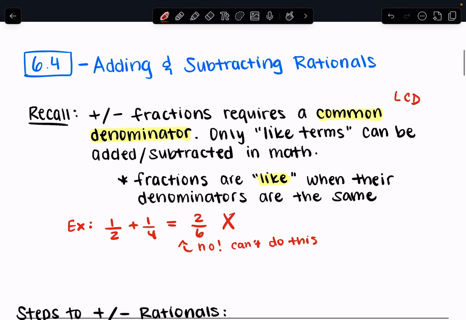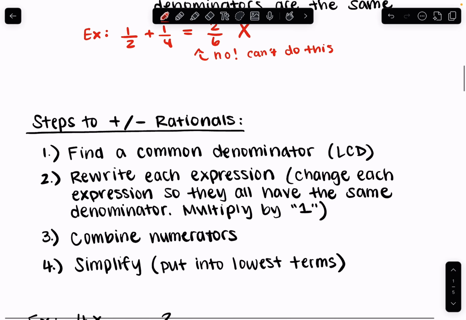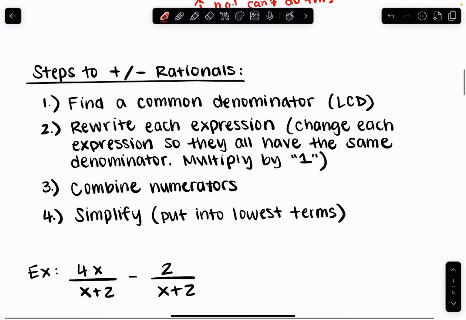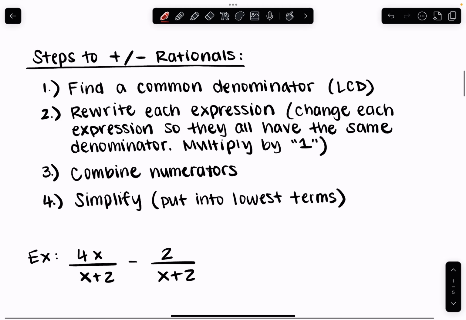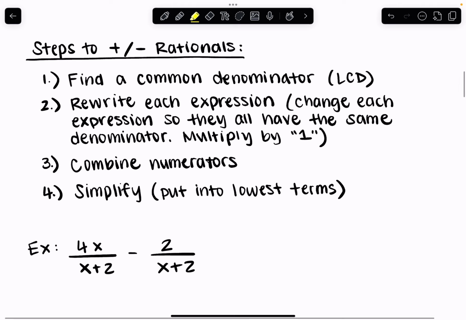I went ahead and wrote down a bunch of steps here that will essentially be the same exact process you do every single time when you add or subtract rational expressions. The first step says to find a common denominator, so find your LCD. The second step says to rewrite each expression so they have the same denominator.